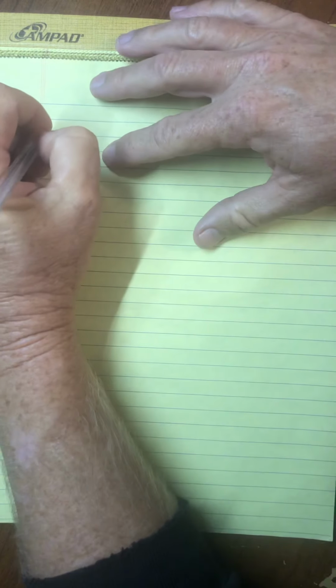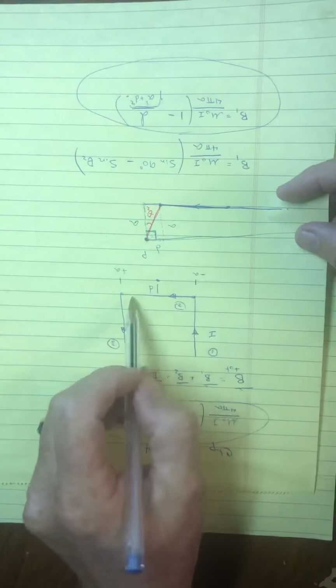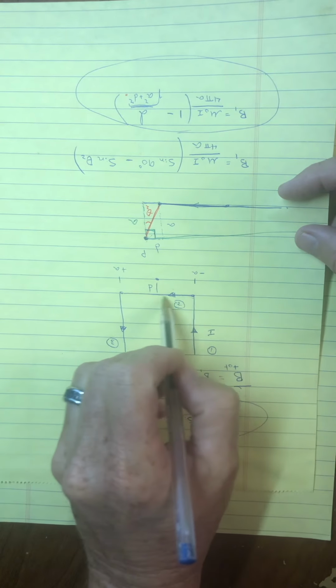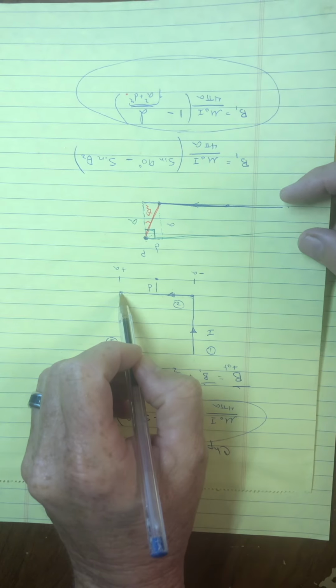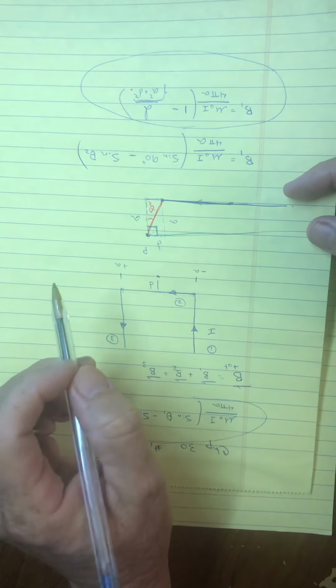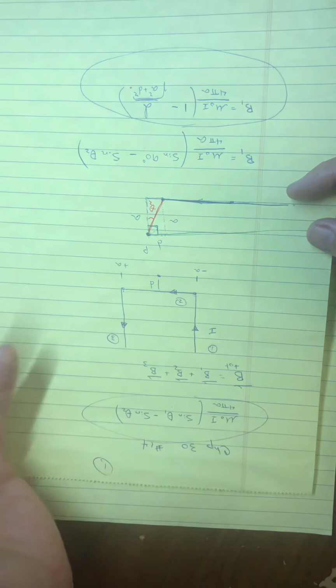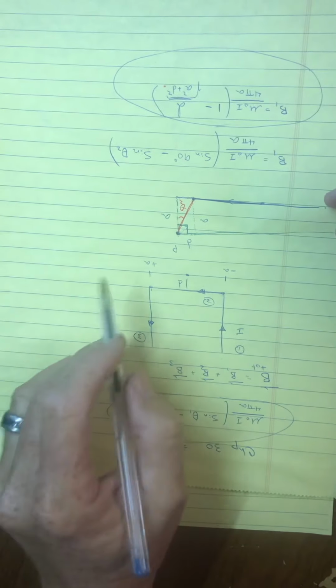Now, let me do that yet again, and I'll call this number 2. And then maybe wire number 2 I might want to look at kind of flipped upside down here, okay? Although that can be confusing because now the current's going to go in the other direction. But let me again just say this is the magnitude of it. I'm going to worry about direction in just a second.